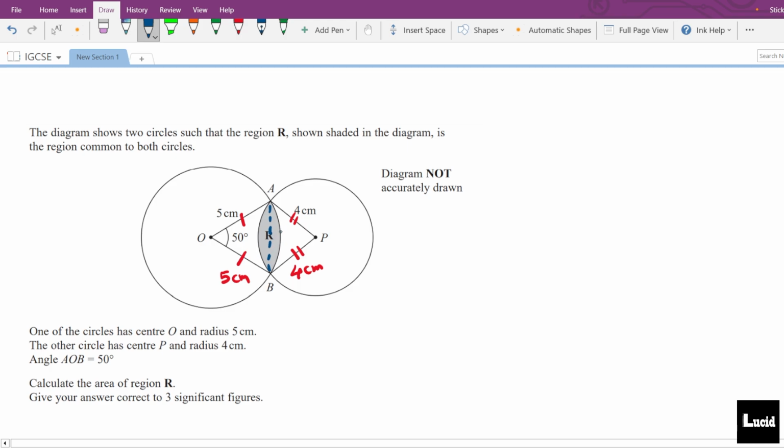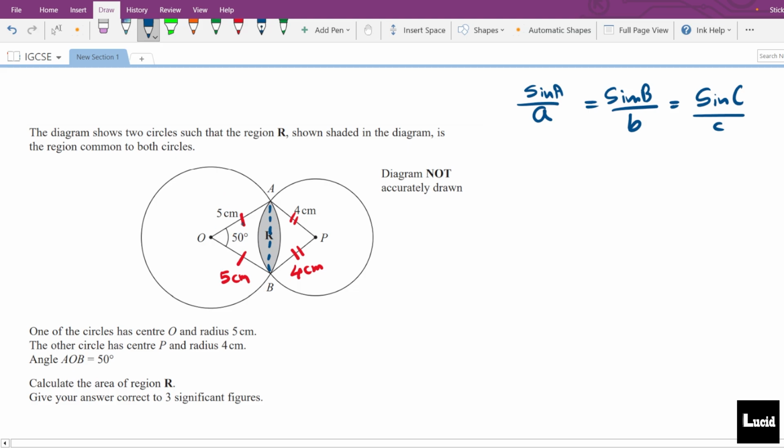If you want to find the length AB, you can use either the sine rule or the cosine rule. Just to practice, I will first use the sine rule. You need two sides and two angles. Obviously you need to find AB, so I'm selecting that side. The opposite angle is 50. Then what is the opposite angle of the radius?